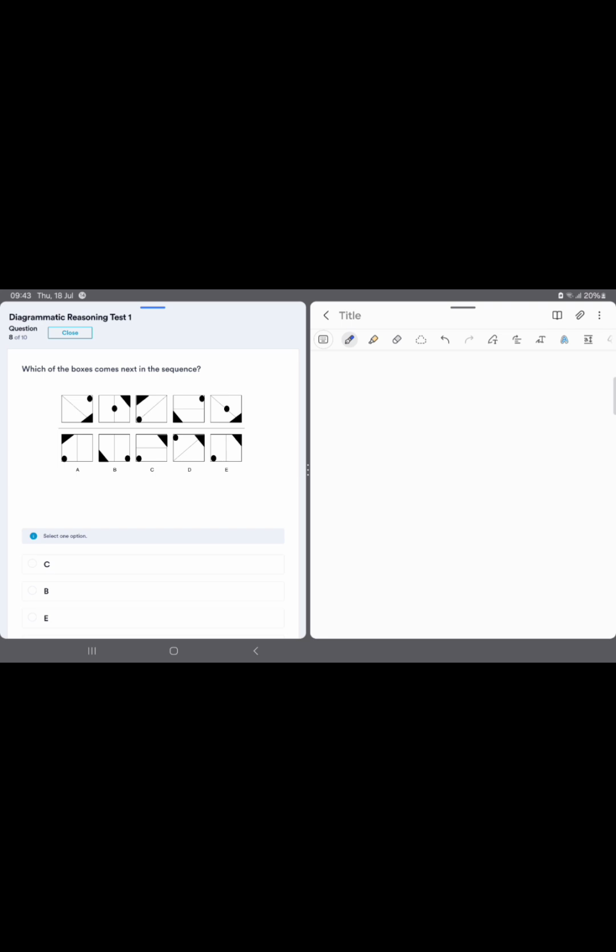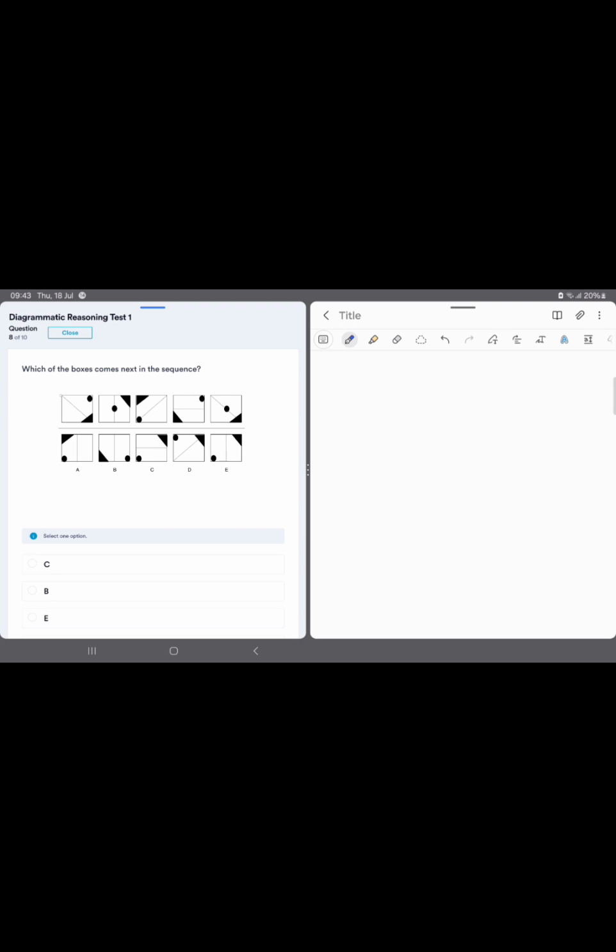Okay, in the next question, we have 3 shapes: the oval, the triangle, and the line. We can start with the line to see how it's moving.